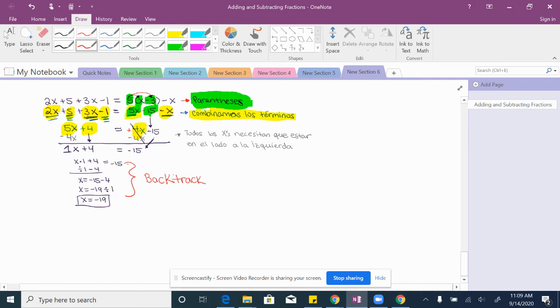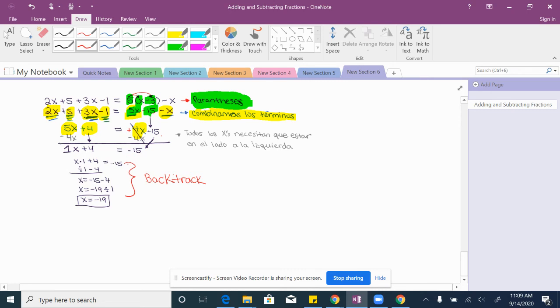I have to do that on both sides. 5x minus 4x is 1x. I bring down the 4 and I bring down the negative 15.